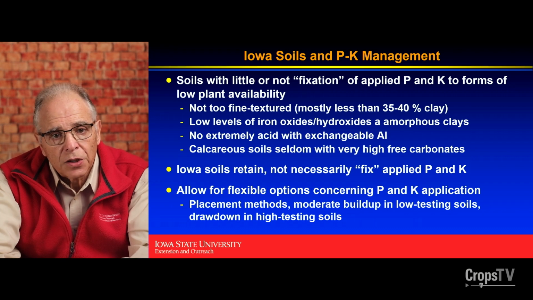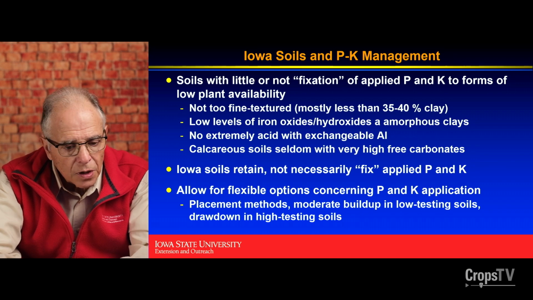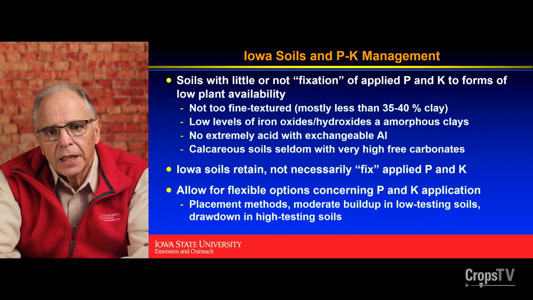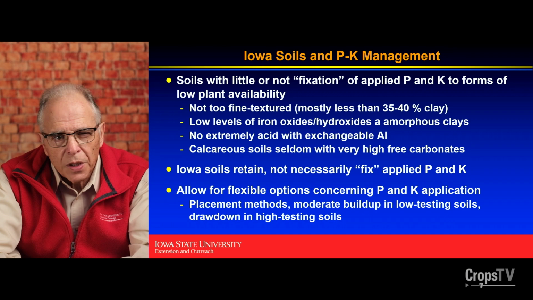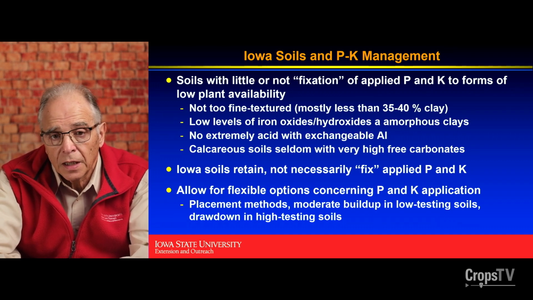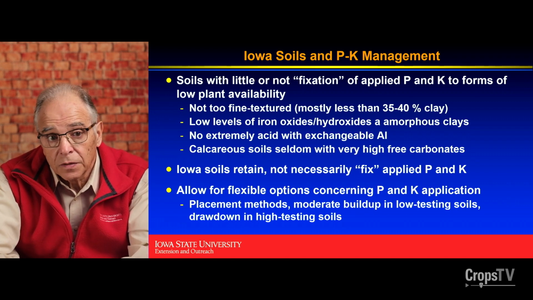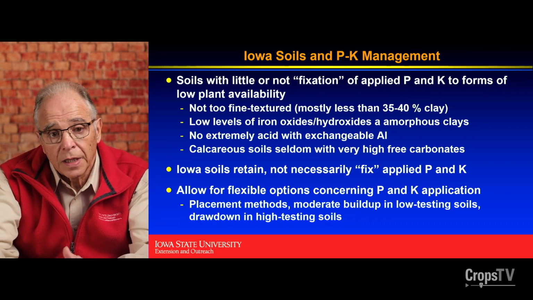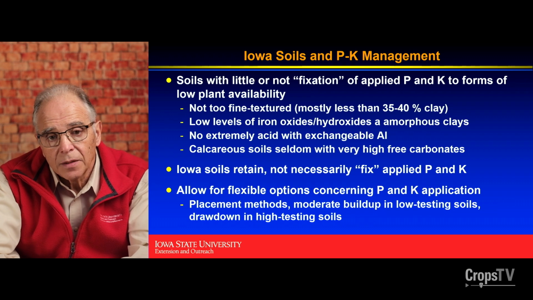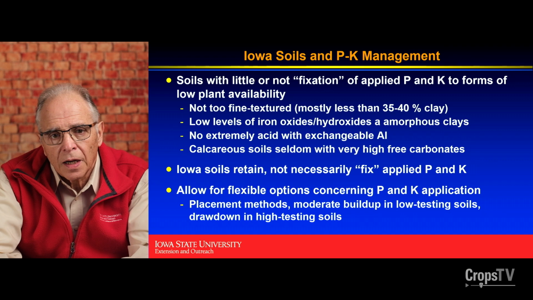We don't have extremely acidic soils with exchangeable aluminum. There is none. You go to some southern states, and when you have pH 5.2, 5 or less, you have exchangeable aluminum there that is actually toxic for the plants and retains added phosphorus a lot. We don't have that. And then we do have calcareous soils that tend to retain applied P. But our calcareous soils seldom have very high free carbonates.